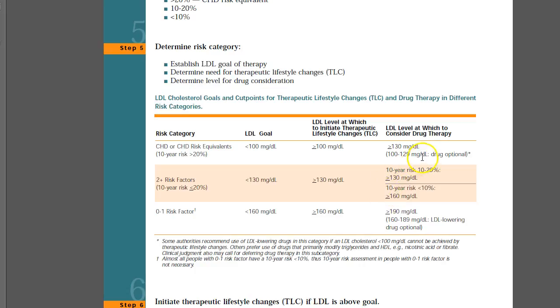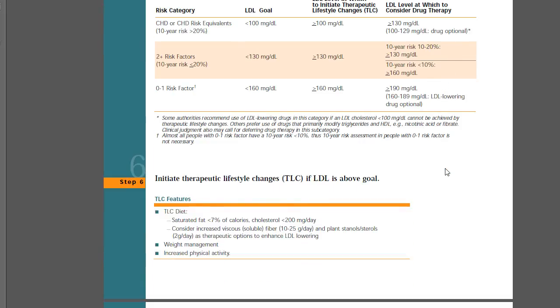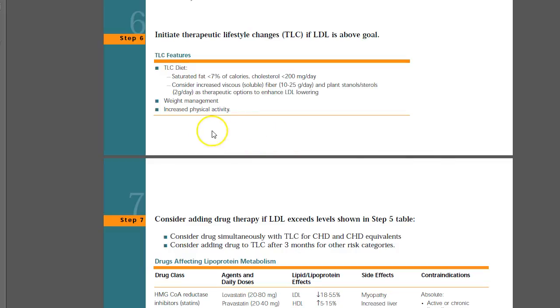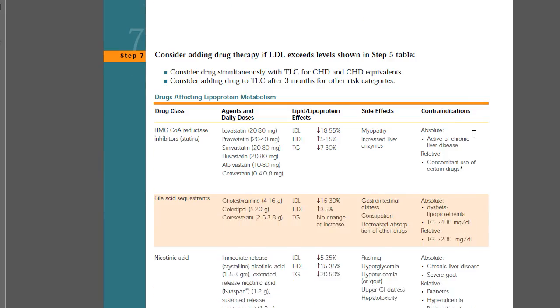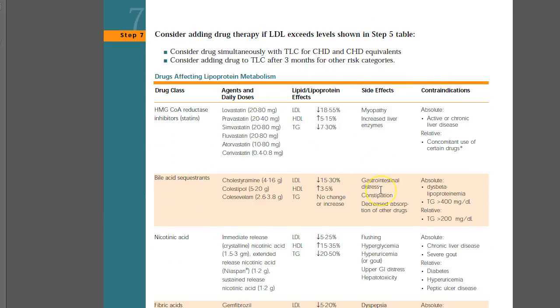And then you get into what levels, based solely off of LDL, where you're going to start drug therapy. So there's your lifestyle modifications. We all know that. If they don't get to goal, then you add one of these following classes.